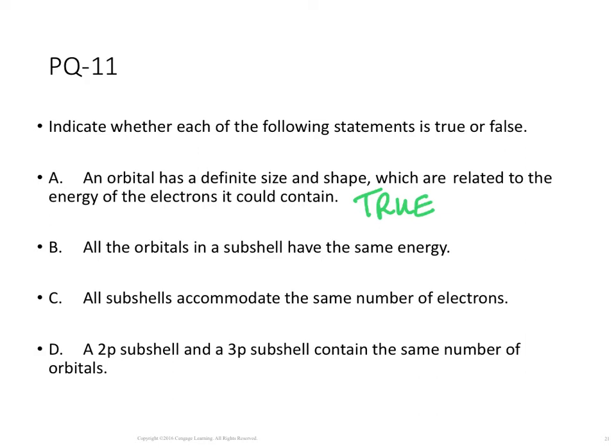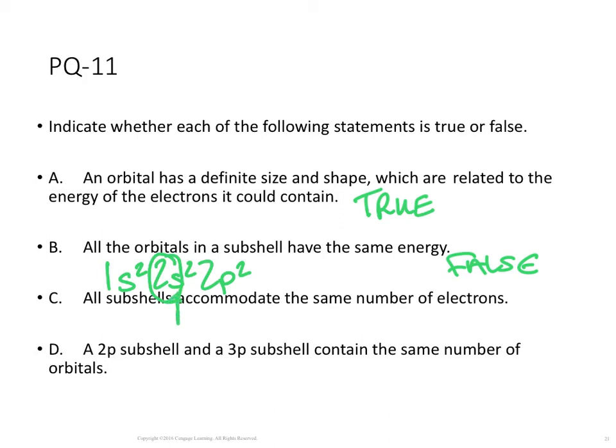B says all of the orbitals in a subshell have the same energy. This is going to be true. And if we think back to what we just saw on the last slide, thinking about it with the electron configuration, for example, we have the 2s subshell. There's the s orbital in there.